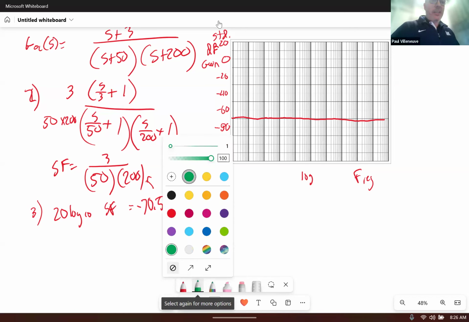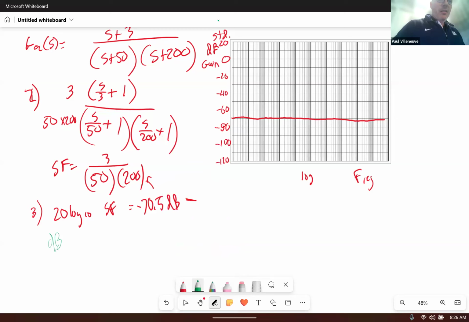And I'll pick green. So now what I'm going to do is the dB for S over 3 plus 1. That's a 0. So what a 0 does is it doesn't contribute anything until it gets to the break frequency.